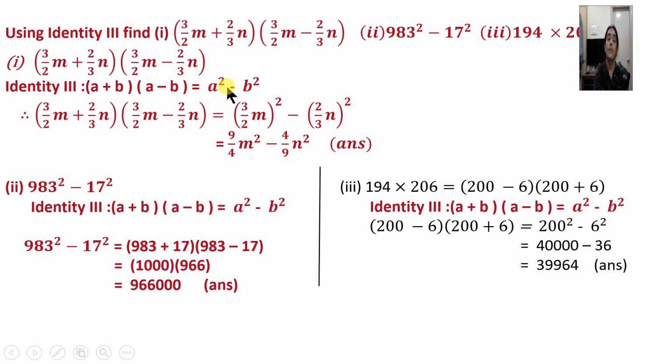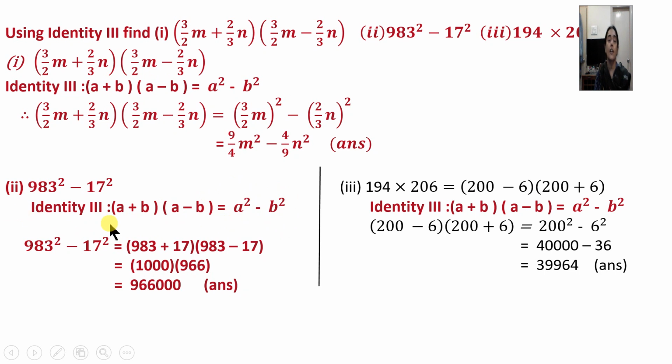When you are given a square minus b square, what do I do? I add ones and I subtract ones. In one bracket, I will add both the terms, and in another bracket, I will subtract them. So I will write down first the identity a plus b into a minus b is equal to a square minus b square. But here I am given a square minus b square.